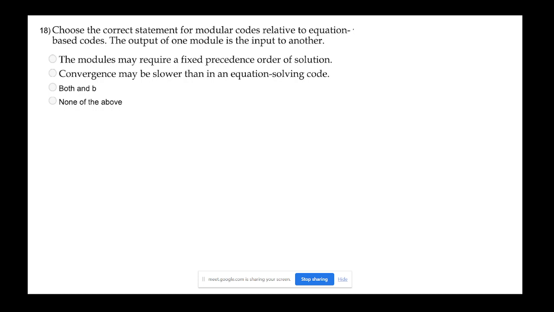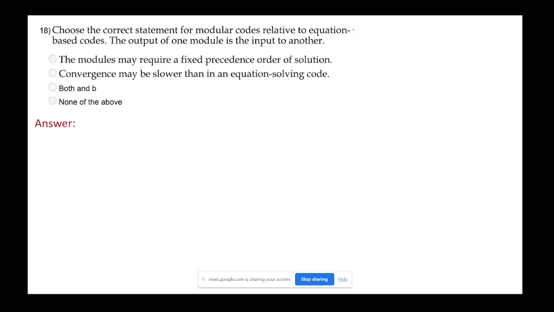The modules may require a fixed precedence order of solution. And another option is, convergence may be slower than in the equation solving code.